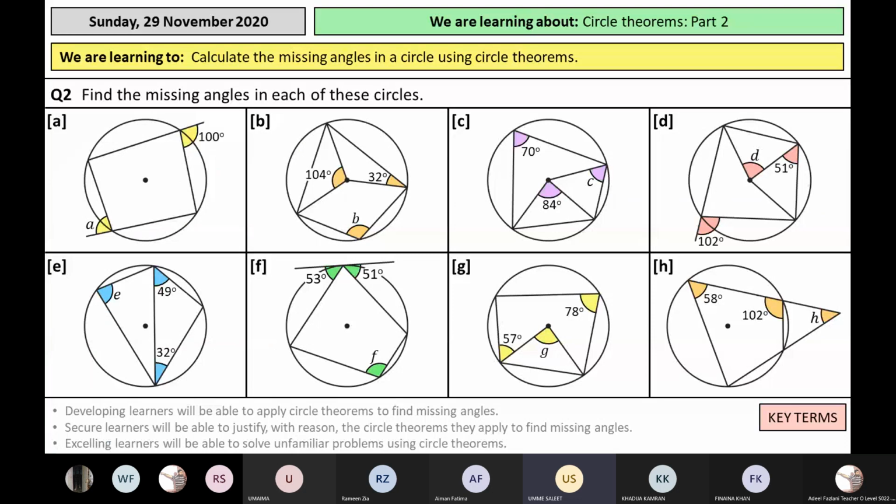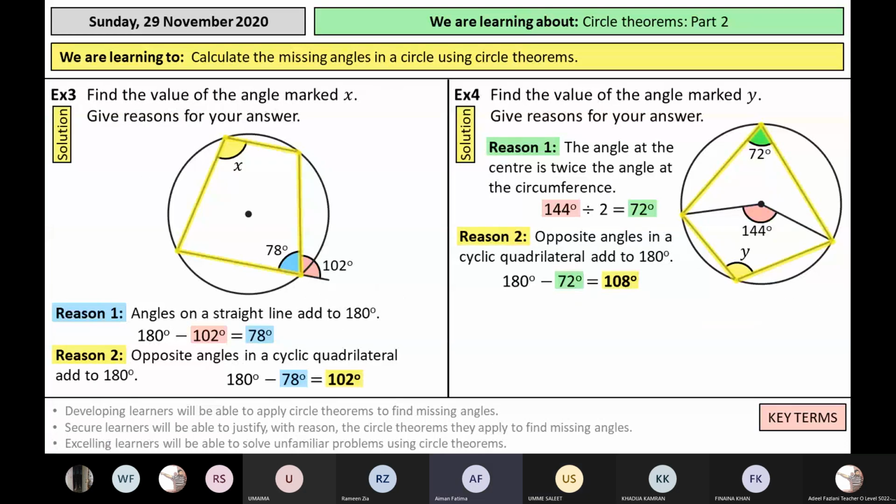What is the final answer of y? Answer of y is 108? All right. Y is equal to 108. Yes or no? Yes, sir. You got it or not?